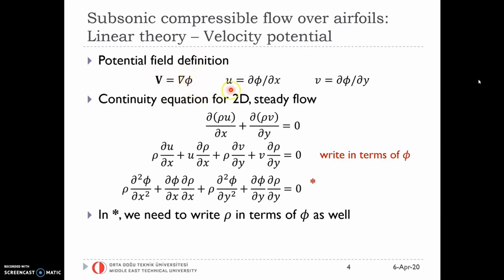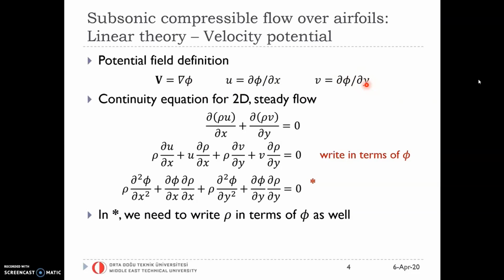In that case, the u component of the velocity is given by the derivative of the velocity potential in x, and the y component of the velocity is given as d phi over dy, the derivative of the velocity potential in the y direction.